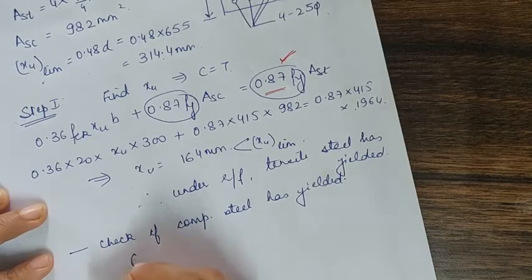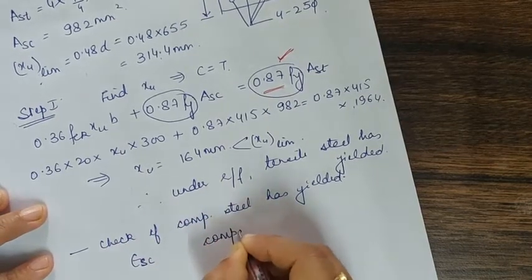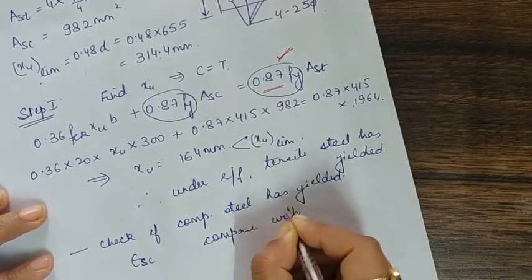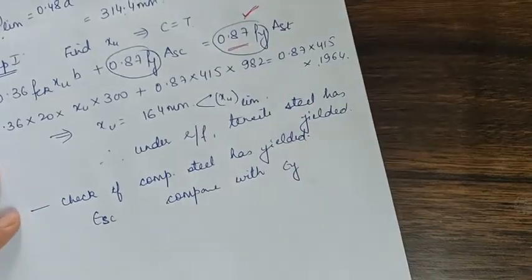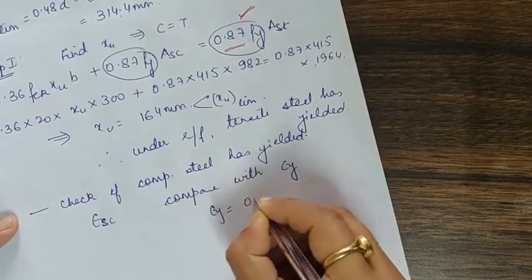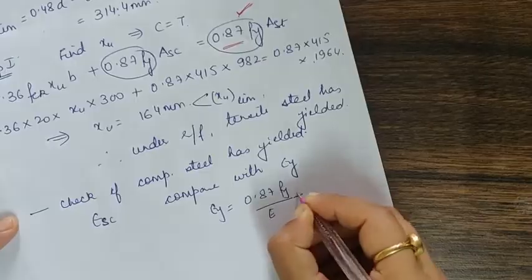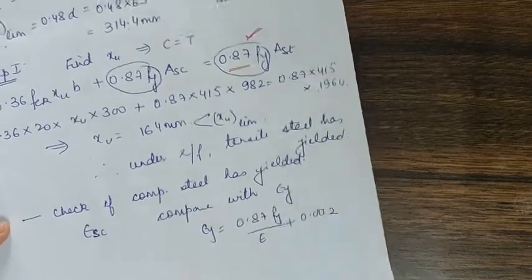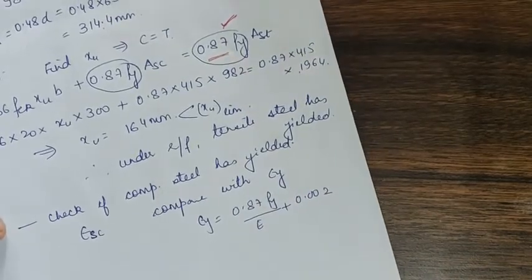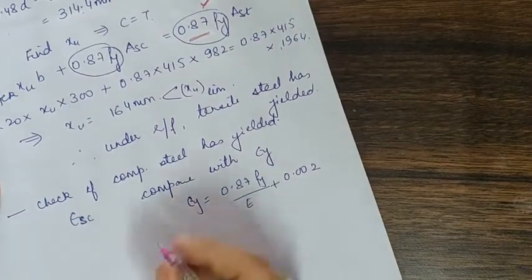That is, find epsilon SC and compare with epsilon Y. What will be the value of epsilon Y here? It will be 0.87 Fy upon ES plus 0.002. Why 0.002? Because we are using Fe415. So put the values.